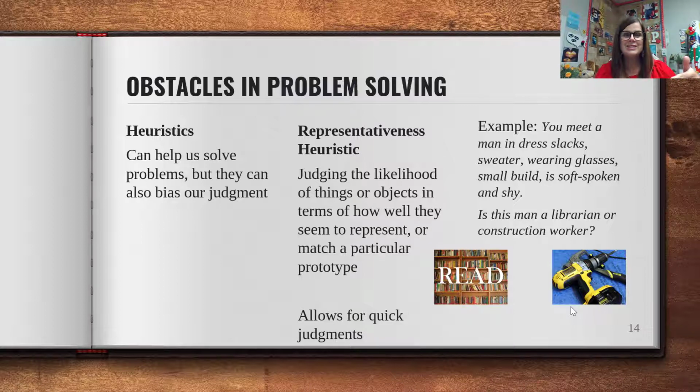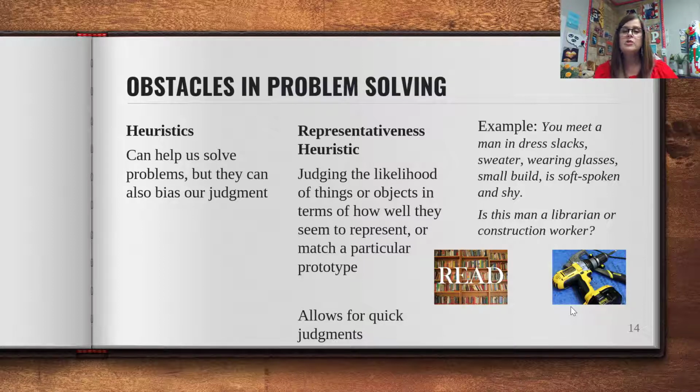They represent what we have already in our mind, and this allows us to make very quick judgments. And that word prototype, we have to have a prototype or the most popular representation of an idea in our mind. And that representative heuristic is going to keep us maybe from being a little more open-minded or finding another solution to a problem.